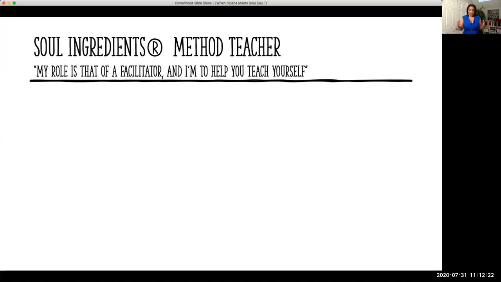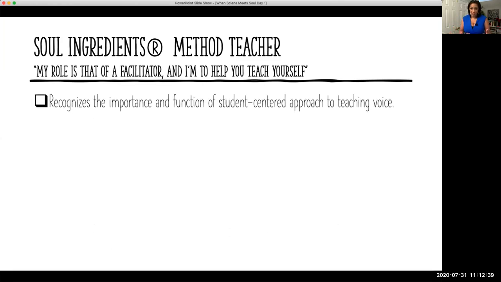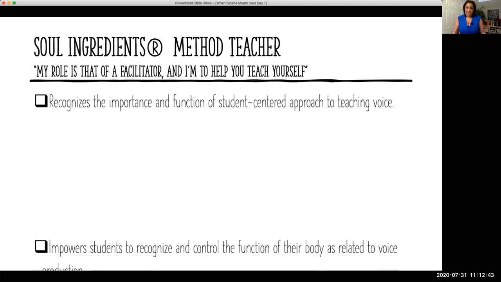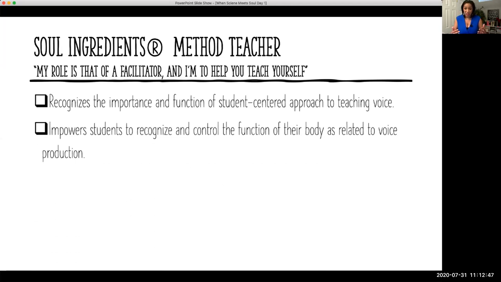Here's the basics. What does it mean to be a soul ingredients method teacher or influence with soul ingredients methodology? The basic concept is that you have to recognize that your role in this partnership between you and the student and the singer is that of a facilitator. You're saying, I am here to help you along your journey.